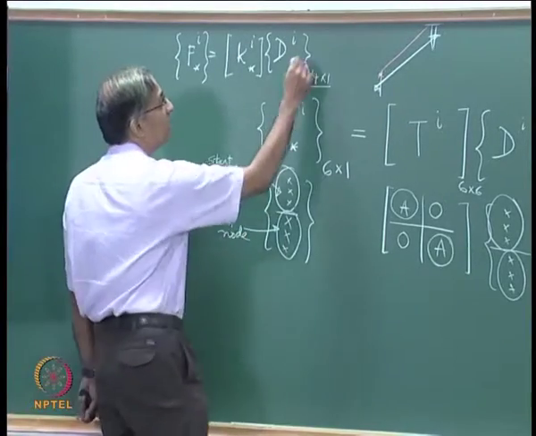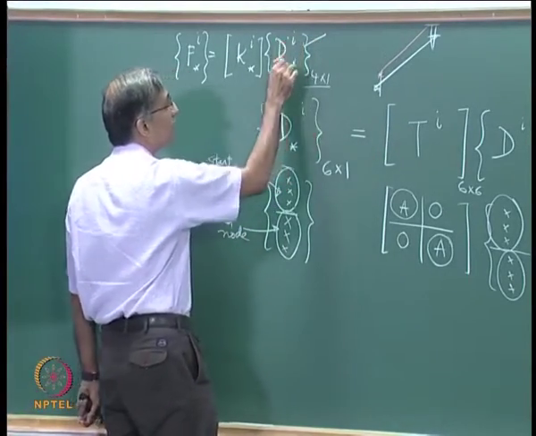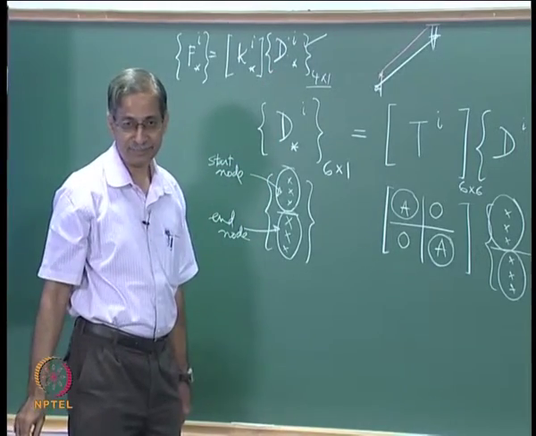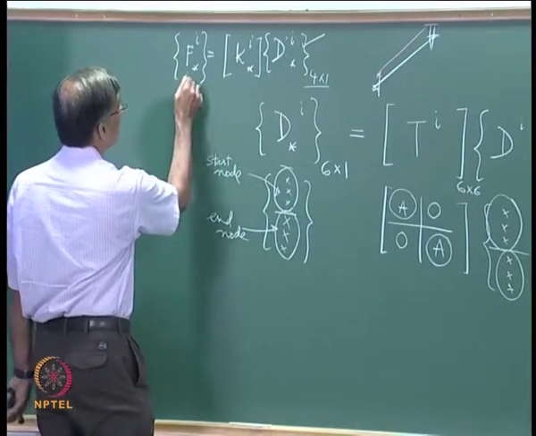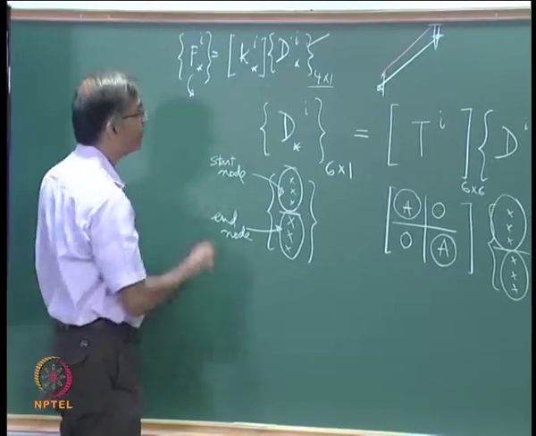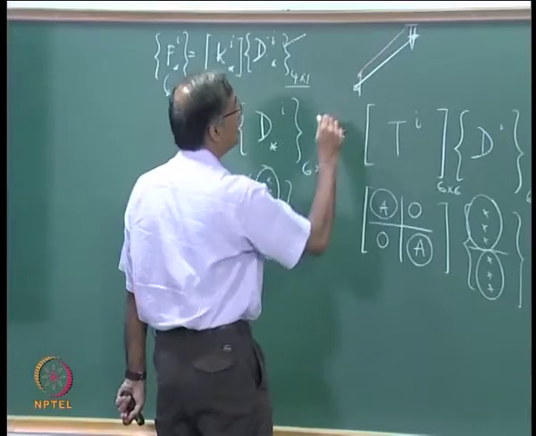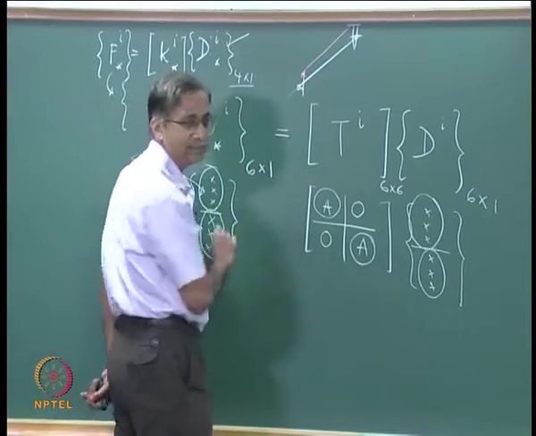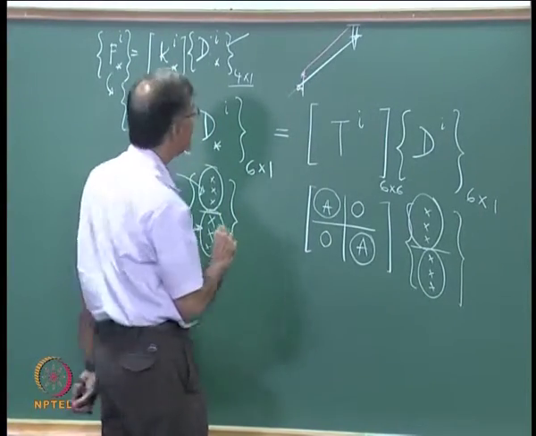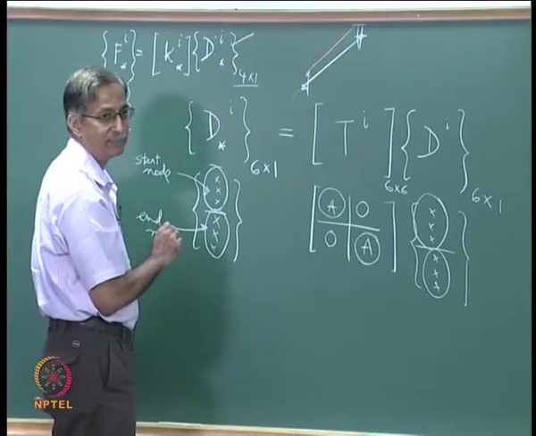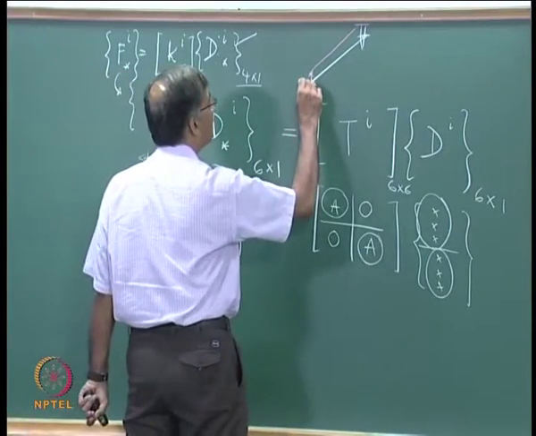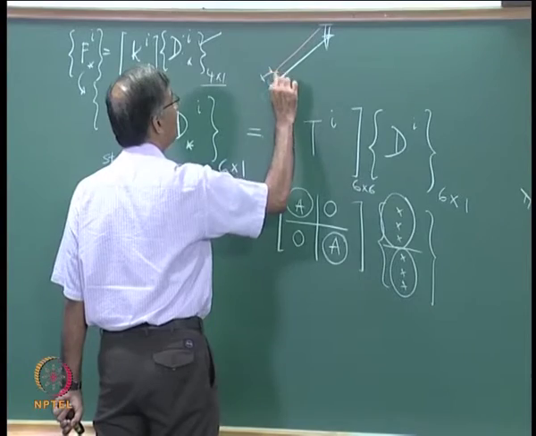So this is a valid vector, the components of these are independent. But this vector, you know that it can have forces only along this direction, right? So what does that mean? Okay, by the way, this will be one value, this will be other.